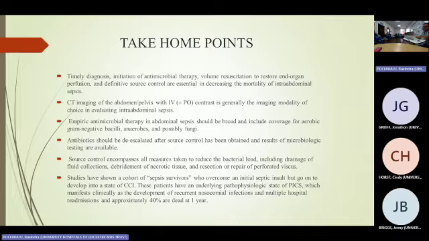Okay, so take home is basically timely diagnosis, antibiotics, source control, imaging sooner rather than later, antibiotics based on presentation, and always source control.